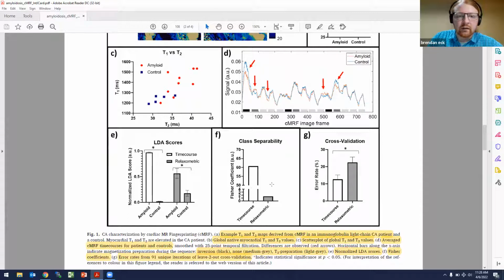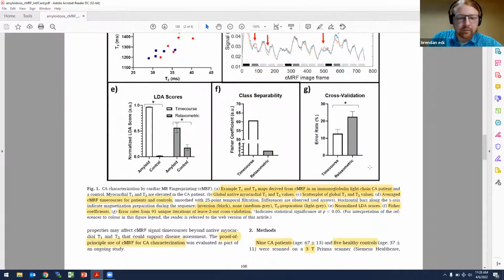And in F, this is the Fisher coefficient, which is a metric to assess class separability, showing that there was more class separability for the time course data as compared to the relaxometric data. And in panel G, in that leave two out cross validation, the error rate for the time course based LDA was lower as compared to the relaxometric error rate. And that was statistically significant.